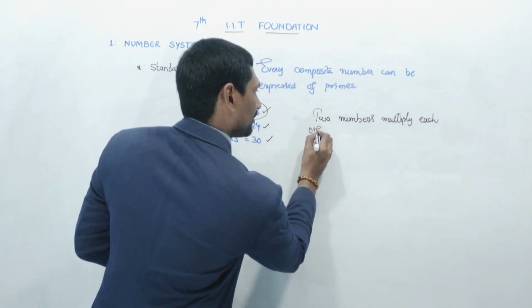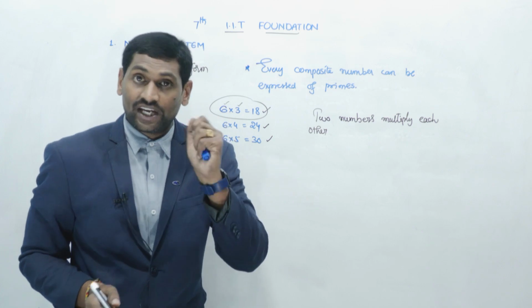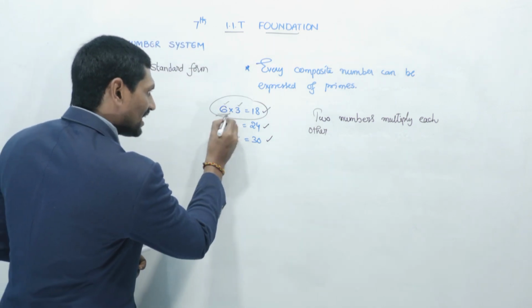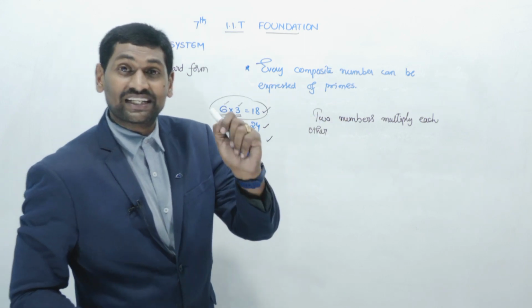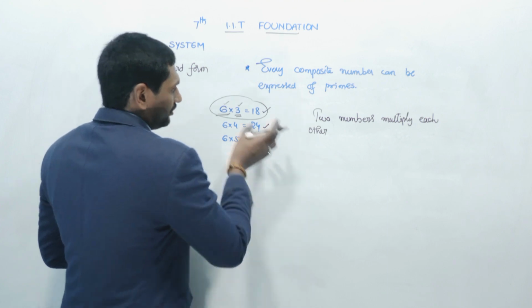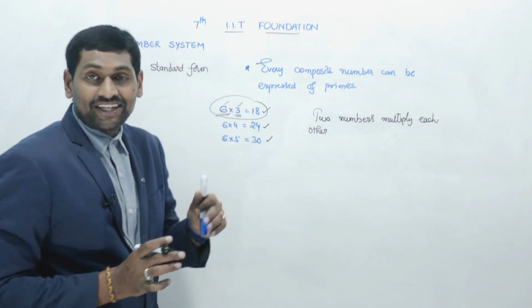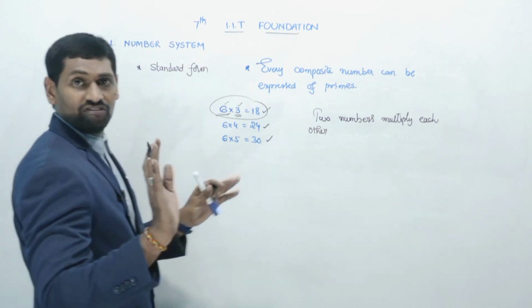Here 6 and 3 are factors of the product. Product is the result when you do the multiplication. So each of the numbers is a factor of the product. That is the definition of a factor.